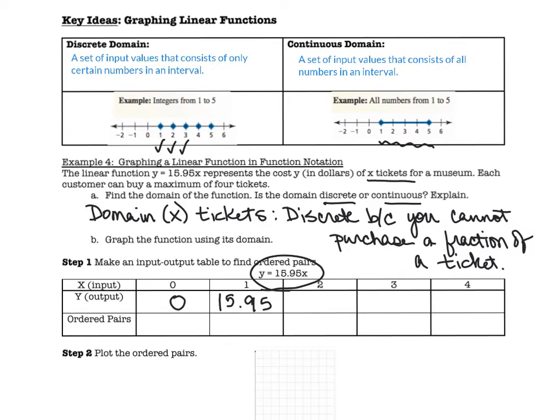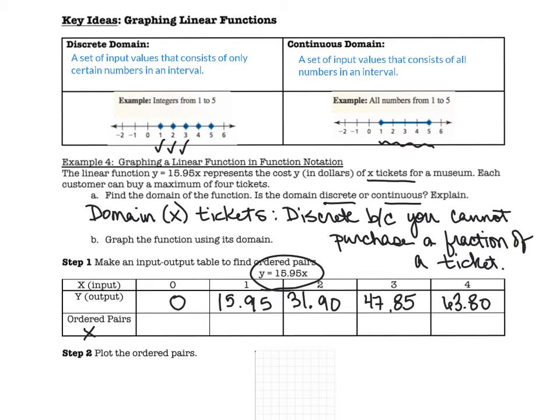If we purchased 2 tickets, you'd multiply that by 2 and you would get $31.90. If you purchased 3 tickets, 3 times 15.95, you would spend $47.85. And 4 times 15.95 gives you $63.80.